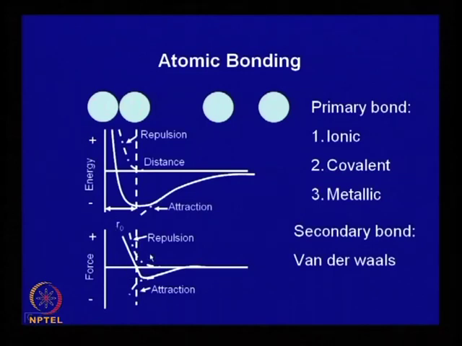Similarly, if you try to push it, if you try to decrease the distance, then also it will try to come back to its position. In that case the repulsion force becomes dominant.